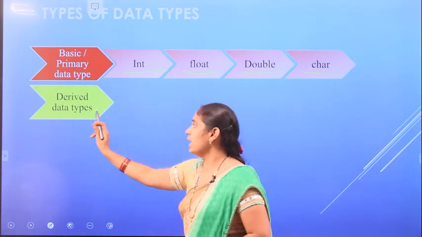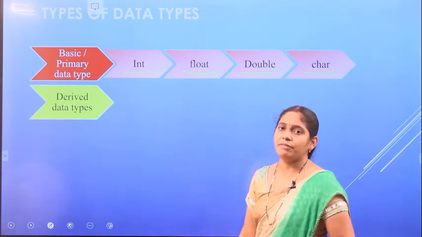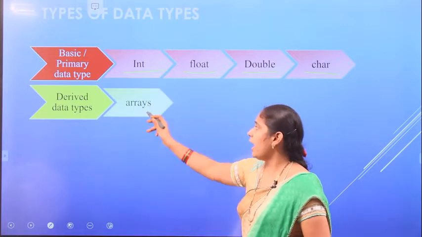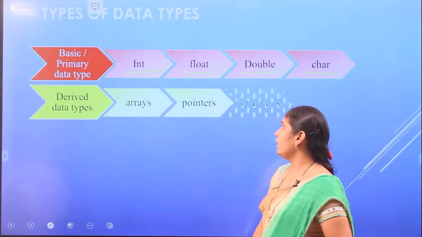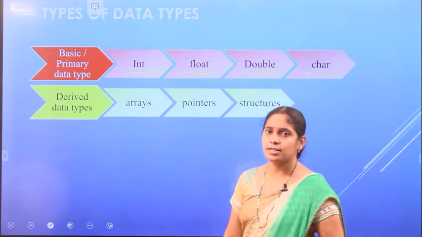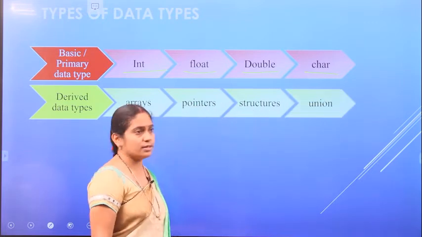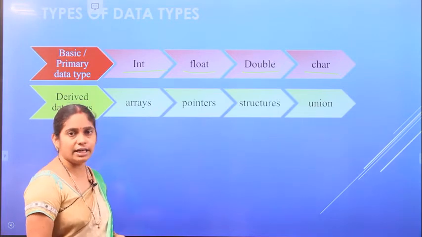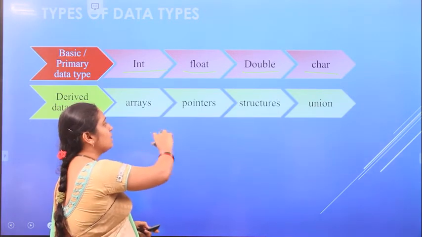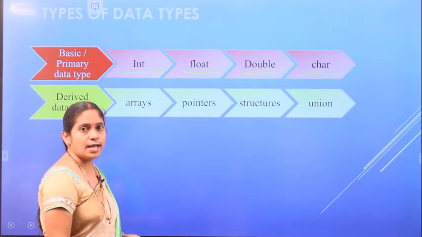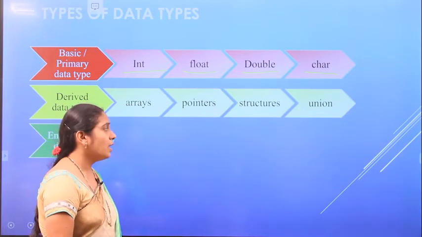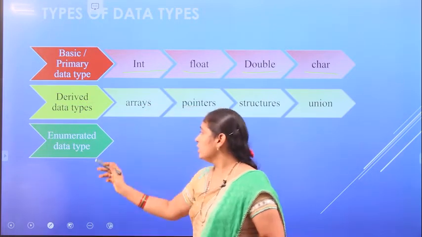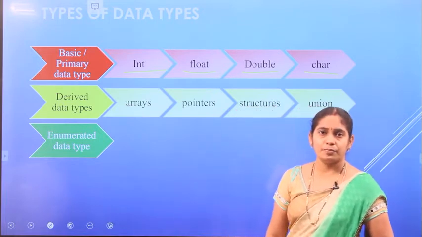Now see the next, derived data types. The derived data types are arrays, pointers, structures and unions. These are the four types of derived data types: arrays, pointers, structures and unions. Coming to the next, enumerated data type.